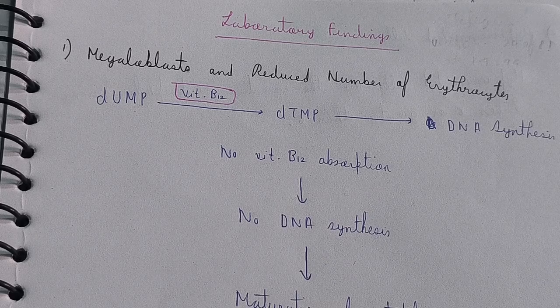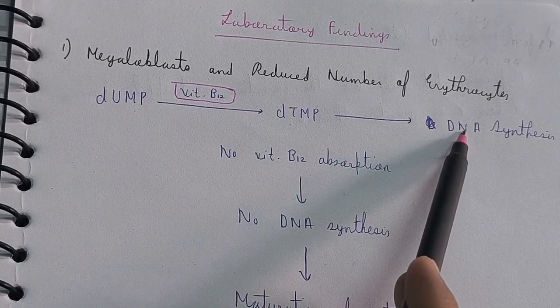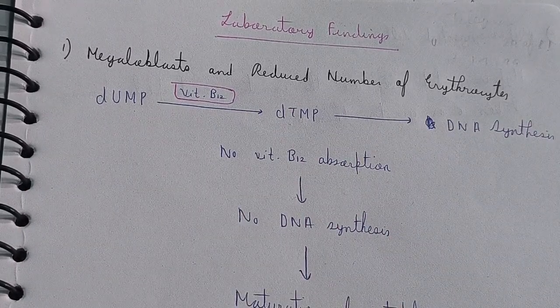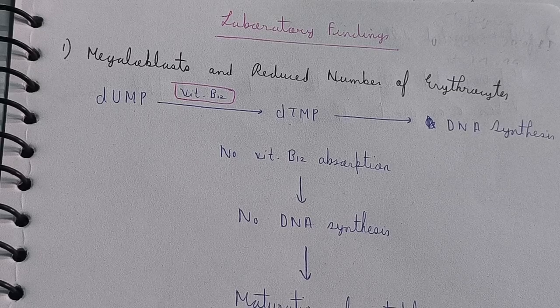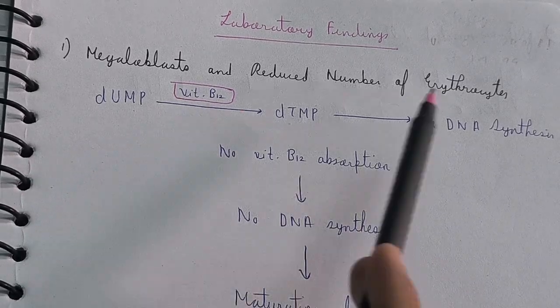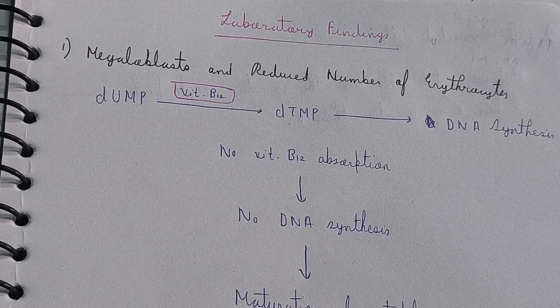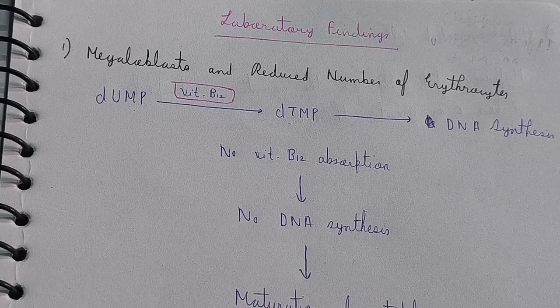But as I already mentioned, vitamin B12 is necessary for DNA synthesis, and due to this nuclear cytoplasmic synchronicity occurs. If there is no vitamin B12, there is no DNA synthesis, so nuclear synthesis lags behind.